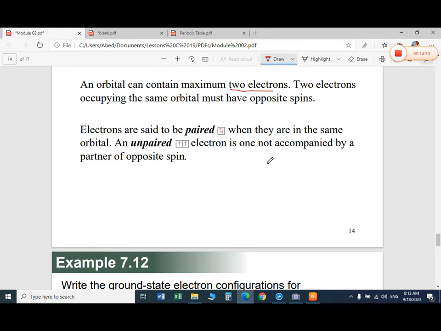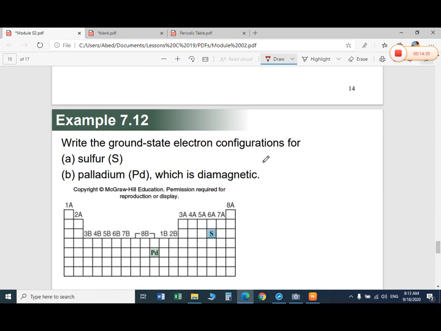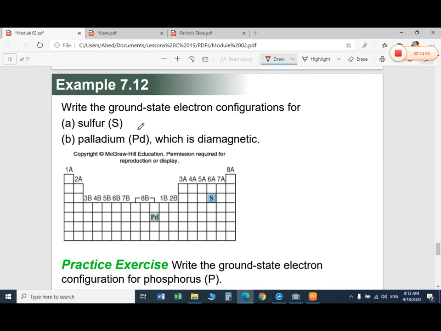Okay, now come to the exercise. This is the exercise. It is asking for the ground state configuration for sulfur. So sulfur has 16 electrons. Let me write 16 electrons here. So we write the configuration: 1s2, 2s2, 2p6.